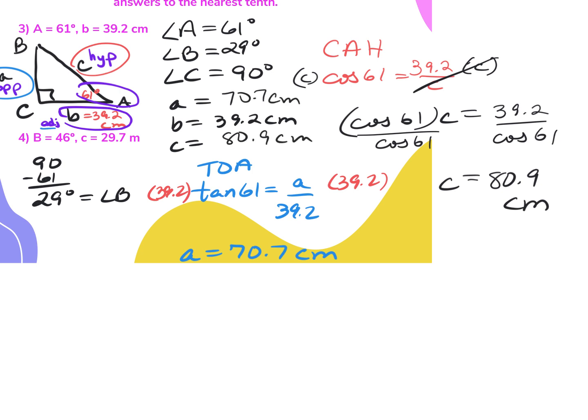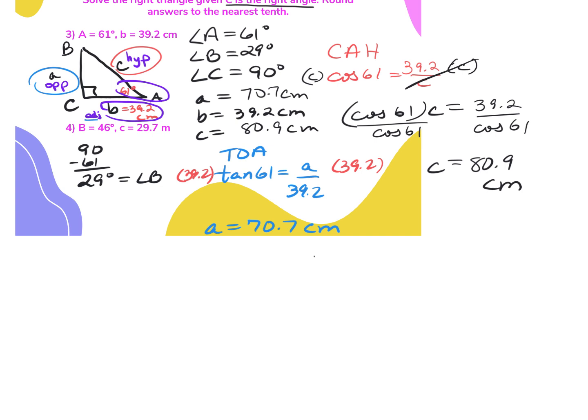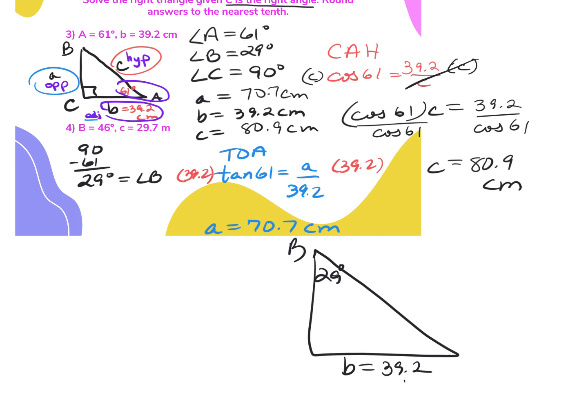And again, make sure it's making sense. One other thing that you should have covered in your geometry class, let me just go ahead and draw it larger here. So this angle was 29, angle B. Lowercase b had a length of 39.2. Notice this is the smallest side length, and it's across from the smallest angle.